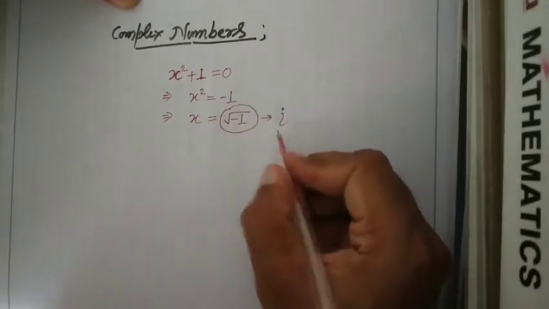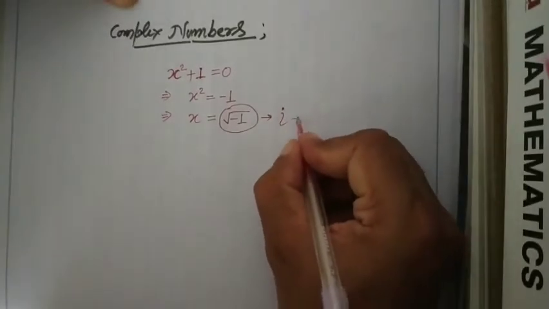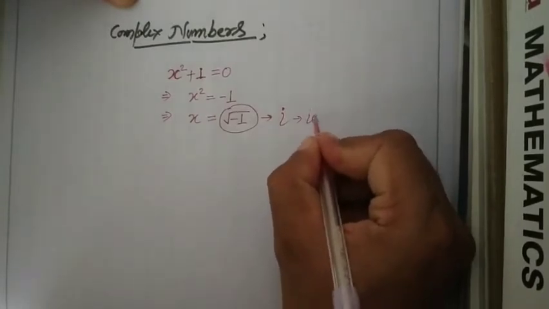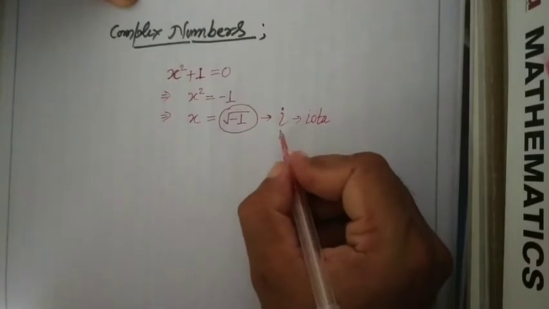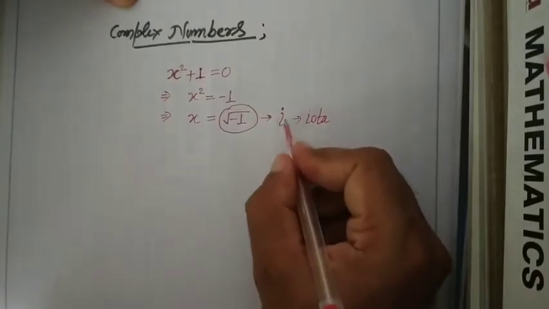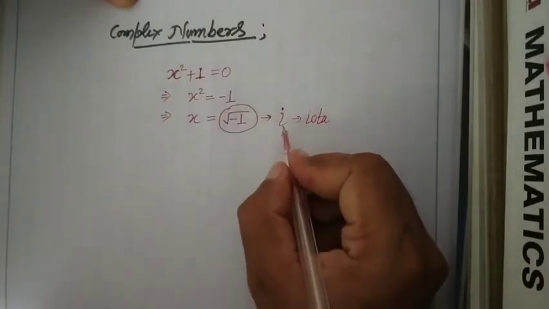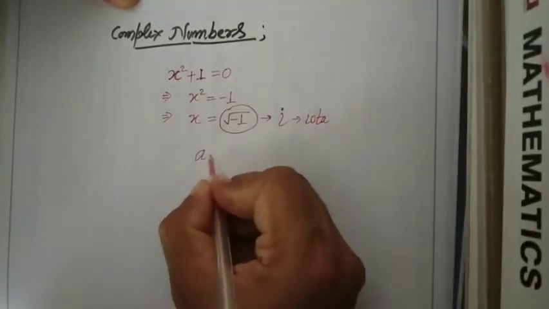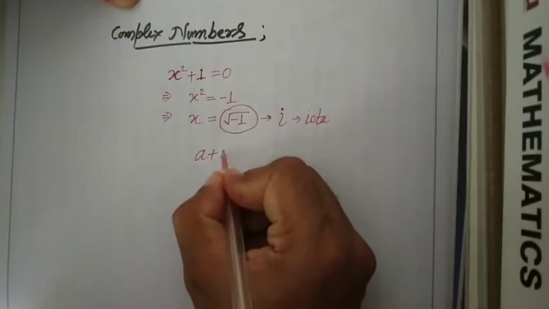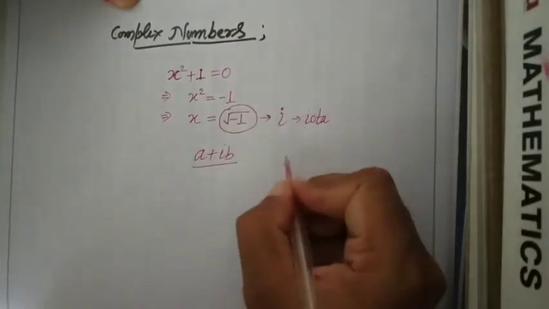This letter i is also known as iota, and it is basically representing the complex number. Wherever i has been inserted in a number, that number is representing a complex number. For example, any number written in the form a plus ib will be complex.